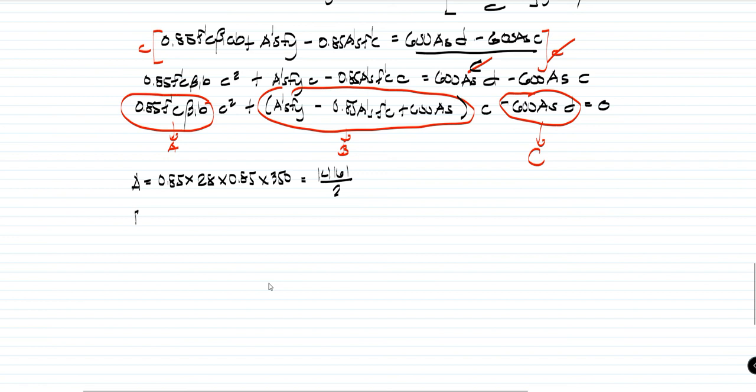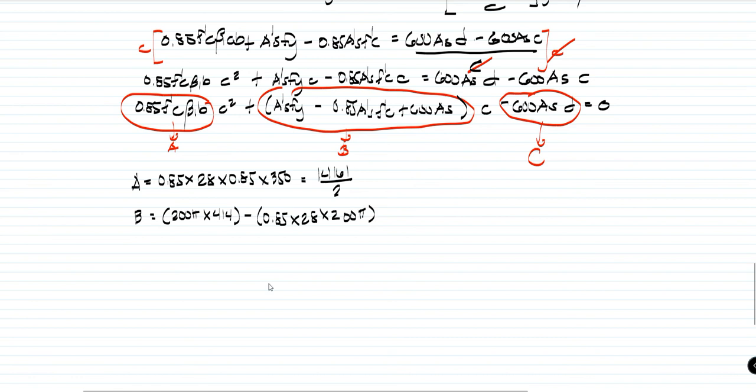Then for our letter B, that will be equivalent to 200 pi times 414 minus 0.85 times 28 times 200 pi.